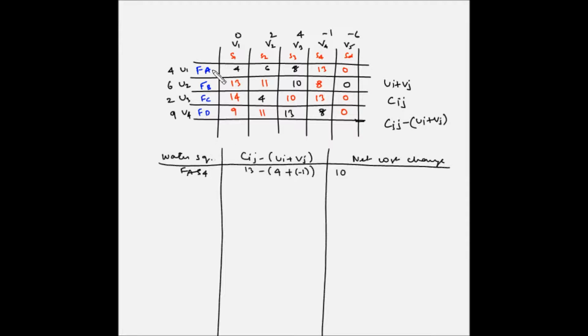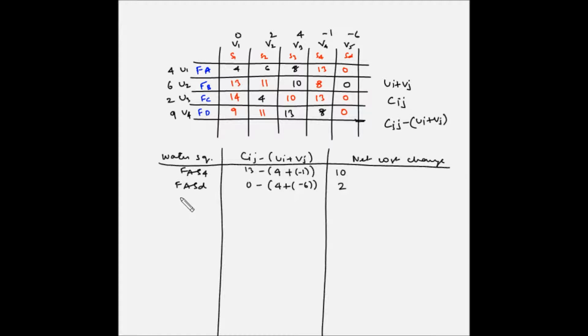The next water square is F-A-SD, cij is 0, minus ui is 4, plus vj is minus 6. So 4 minus 6 is minus 2, and then there's a negative sign outside. So minus minus plus, so the value is 2.